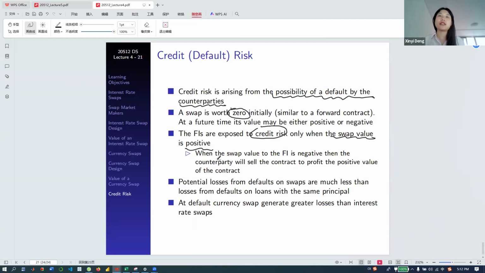It's just saying that financial institutions will only be exposed to the credit risk if their swap contract is having positive value, like if they expect to receive net positive payment.